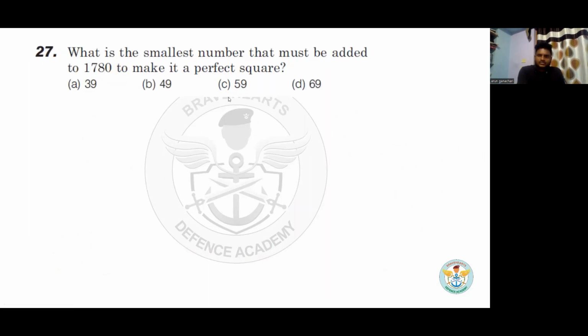Okay, try to solve this. We have solved a very similar one. What is the smallest number that must be added to 1780 to make it a perfect square?